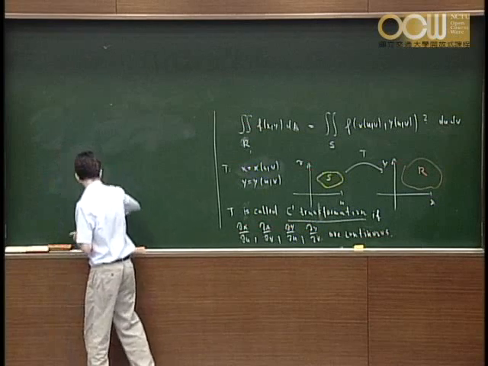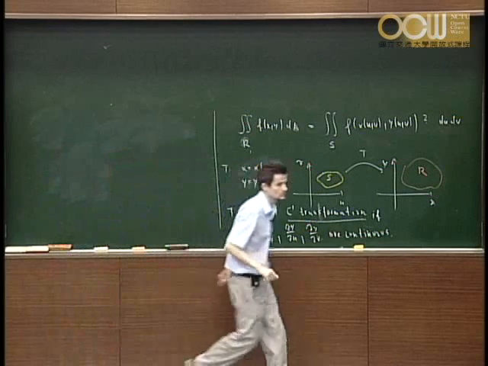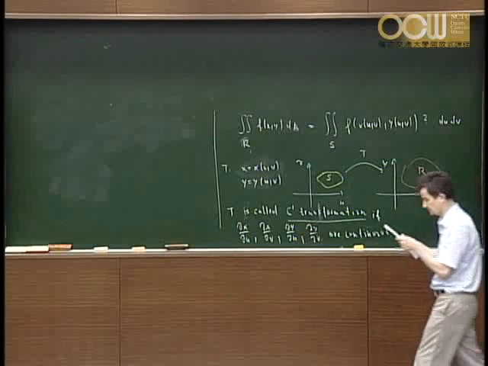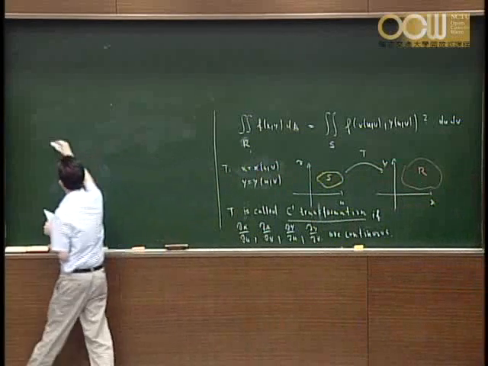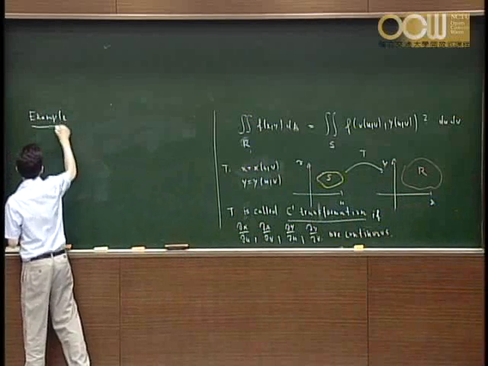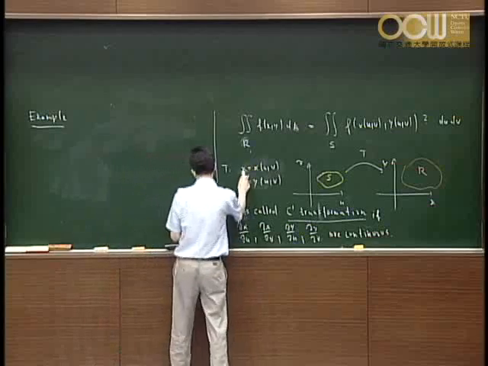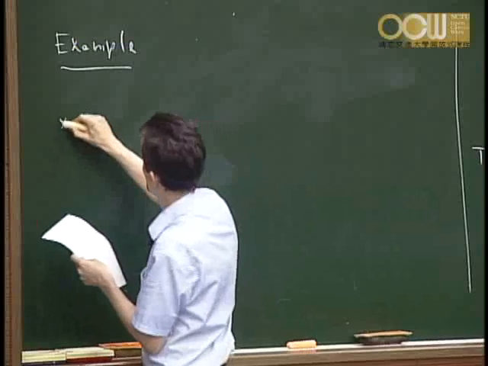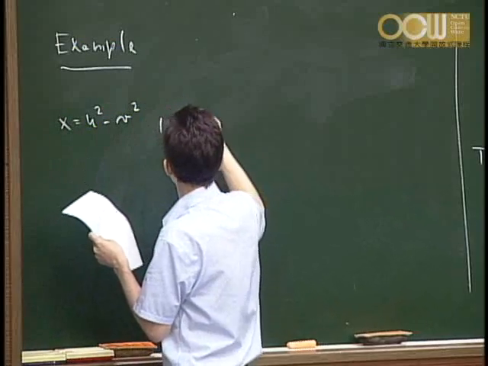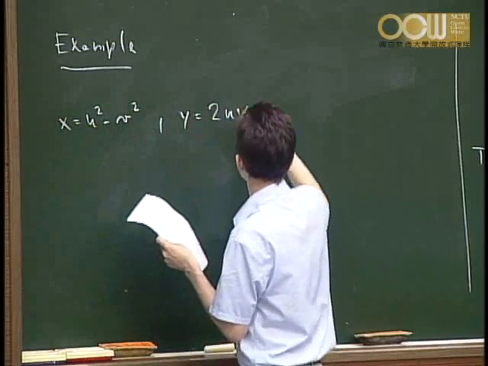Maybe it's good to look at an example. You'll find this example in our textbook. An example for a C1 transformation: you might have the following one, x is equal to u square minus v square, and y is equal to 2uv.